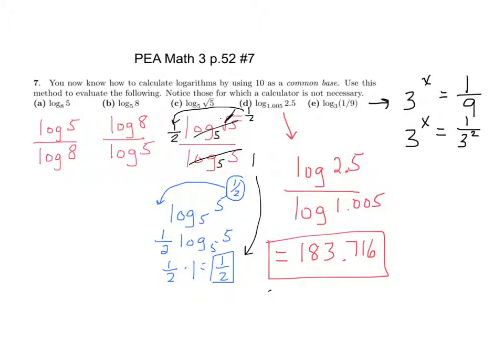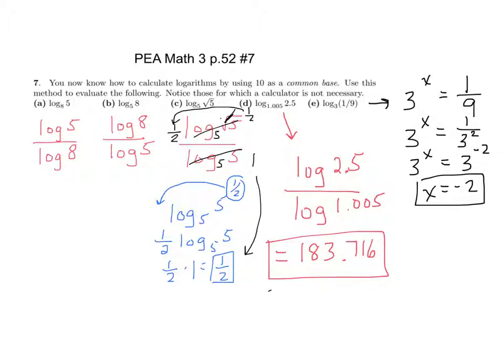And how can I get that fraction out of there? Well, don't think about multiplying it by 3 squared. If it's 1 over something to a power, it's the same as the negative power, right? So we can make that 3 to the negative 2. And now x equals negative 2. That's one way you could do it.